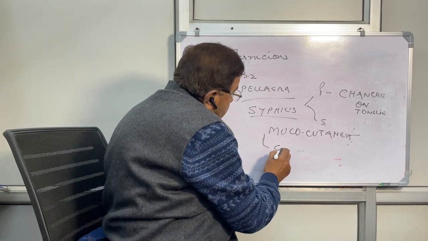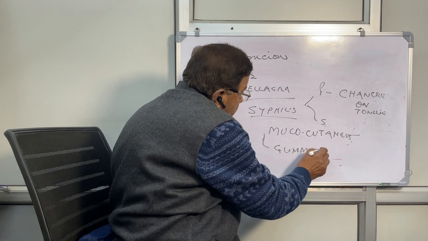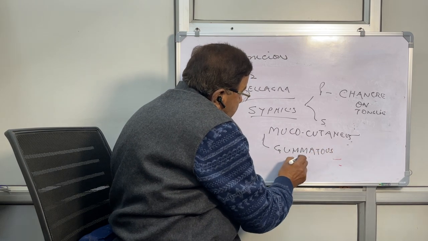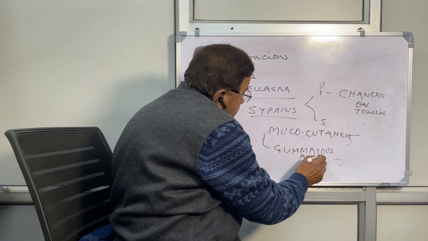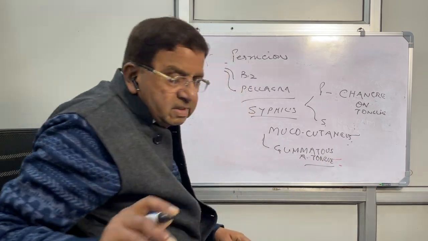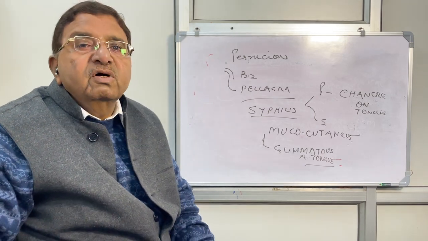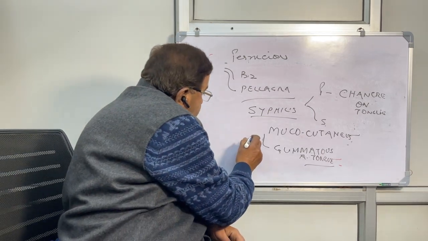It is called gumma. Gummatous atrophy of the tongue and ulceration of the soft palate.